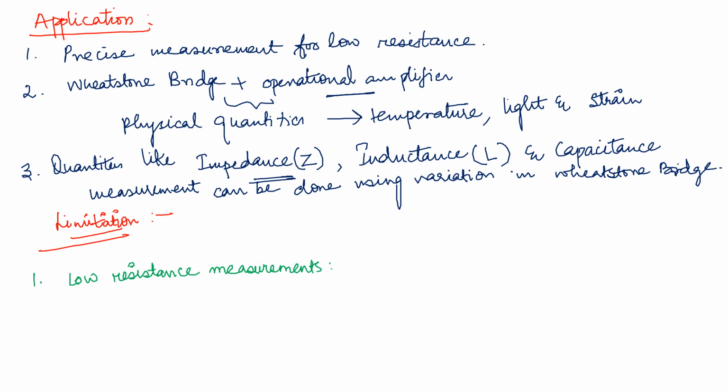The resistance of leads and contacts becomes significant. When a resistor has low resistance, but the wires and the circuit connecting it have some self resistance, it dominates, so it becomes significant. The resistance of non measuring things becomes significant, causing error in the measurement.